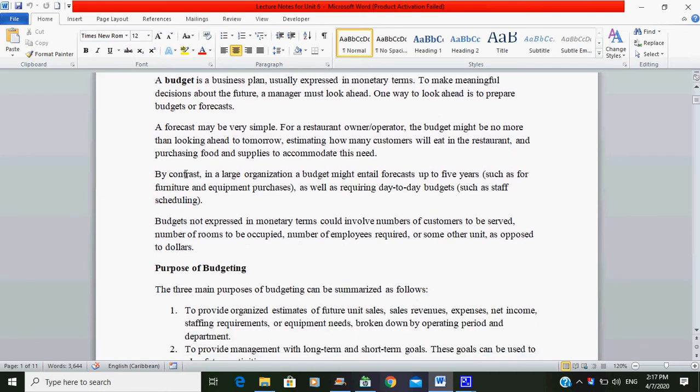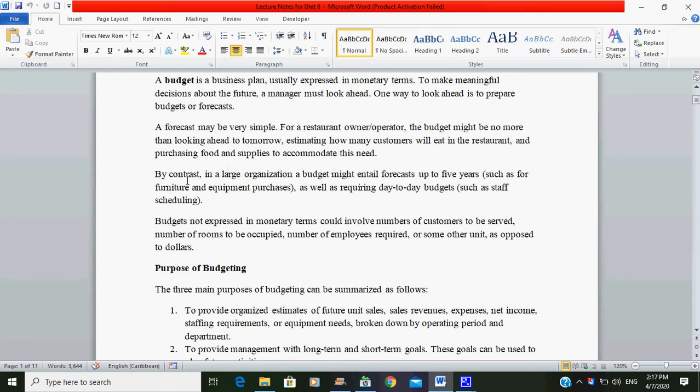A forecast may very well be simple. For a restaurant owner-operator, the budget might be no more than looking ahead to tomorrow, estimating how many customers will eat in the restaurant, and purchasing food and supplies to accommodate this need.